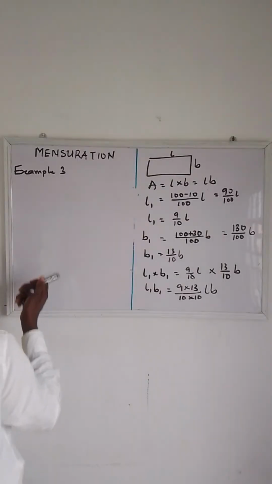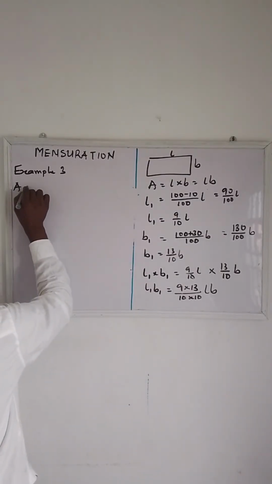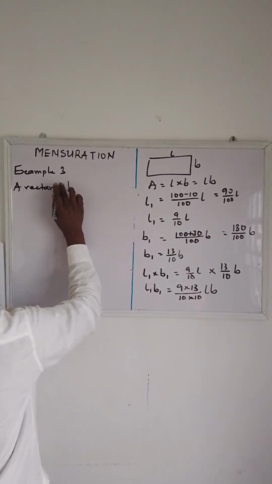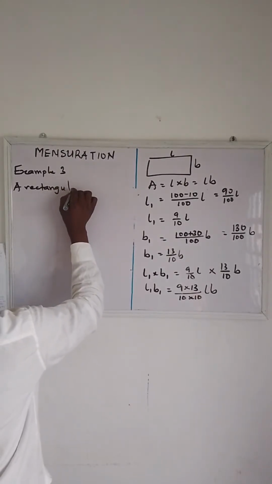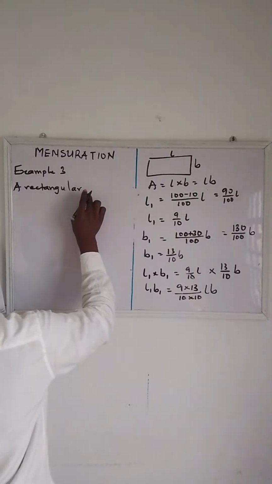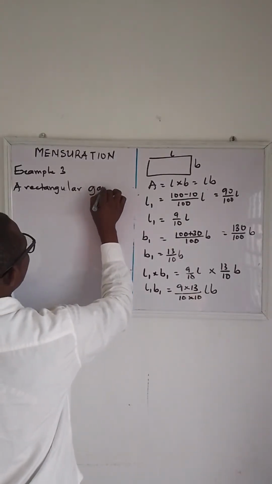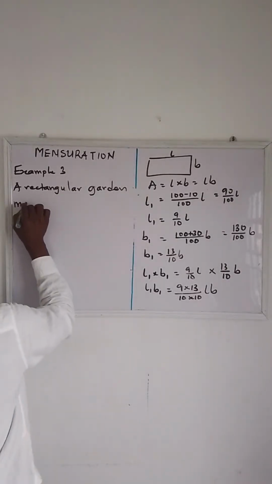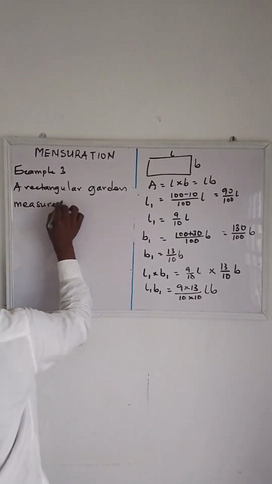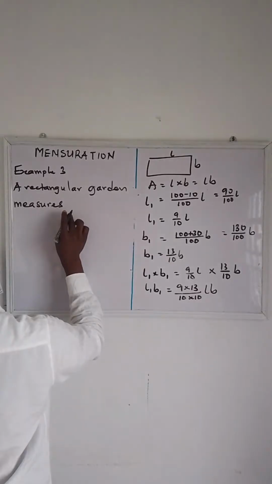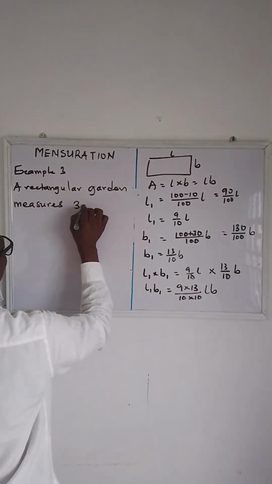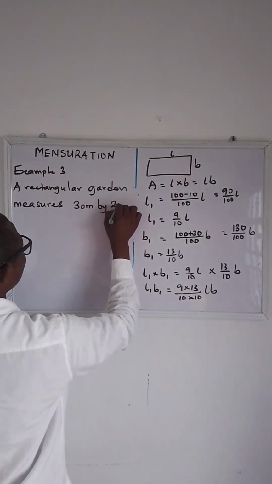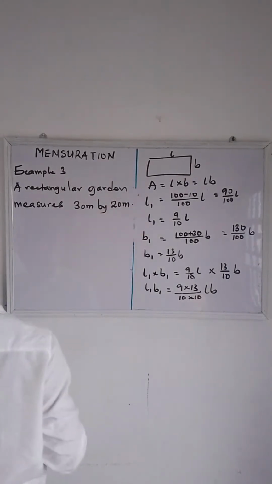A rectangular garden measures 30 meters by 20 meters.